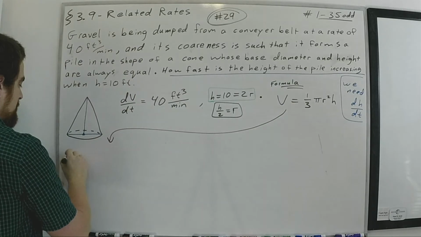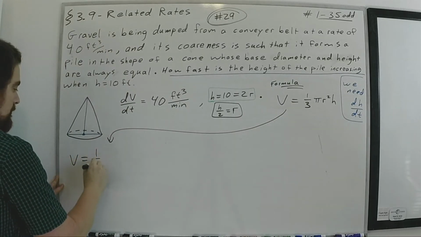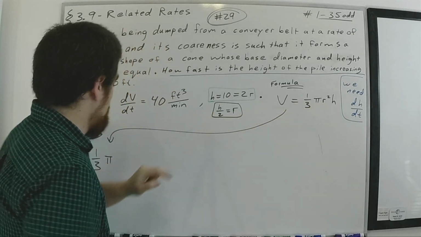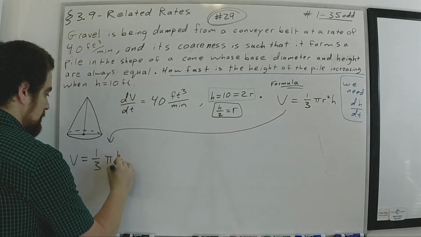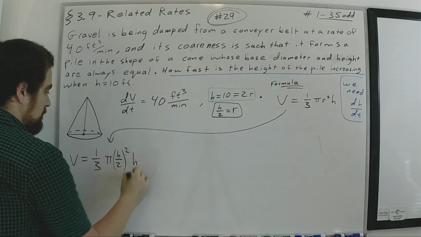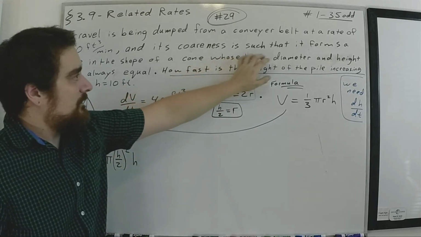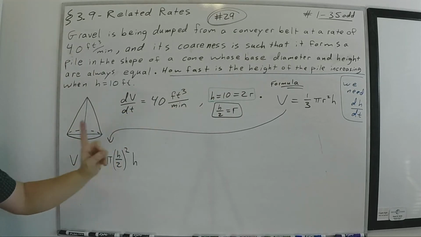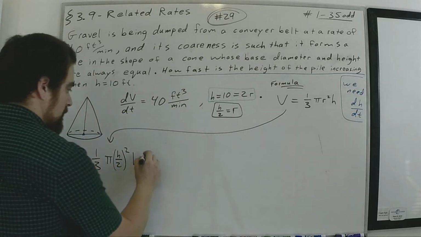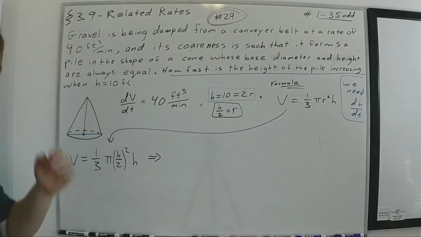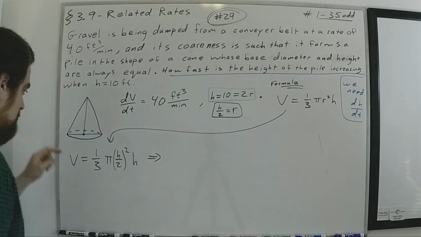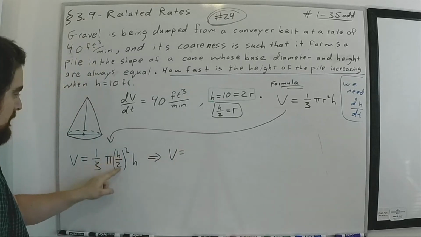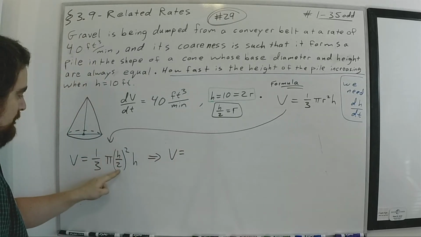Now I have my volume is 1/3 pi. Instead of r being squared, I'm going to have h over 2 being squared. All right, so using that relationship that they gave us where the base diameter and height are always equal, I can rewrite everything in terms of one variable, which, as we've already known, is a lot easier than dealing with two variables, which means my volume is going to be given by, if I square this out, I'll get h squared over 4.